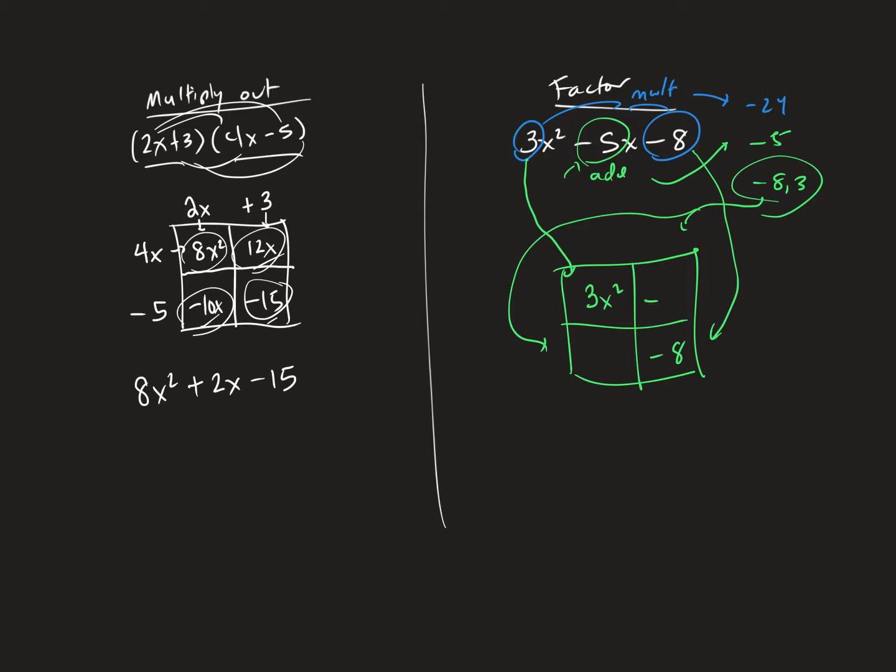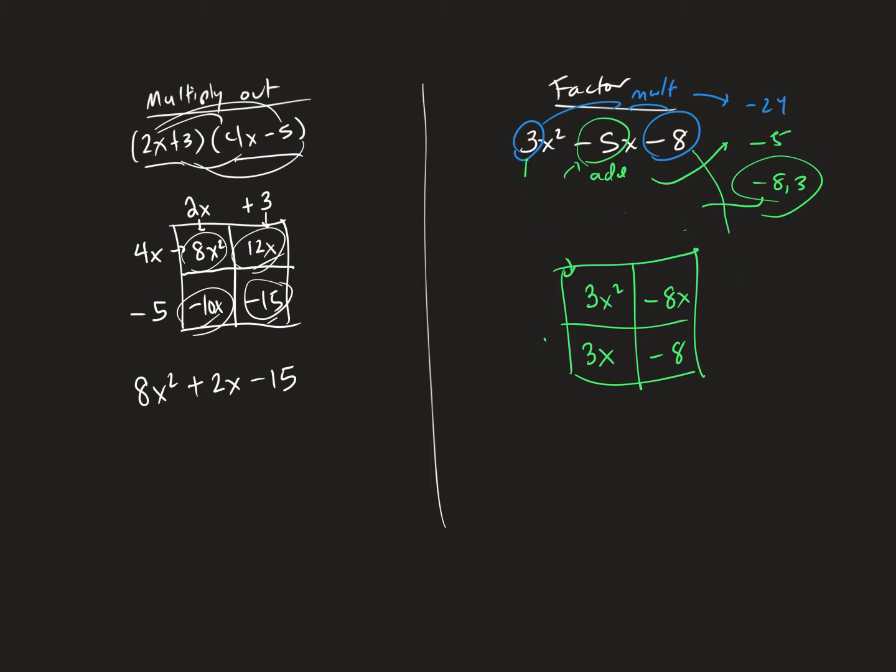So let's see, that would be negative 8x and 3x. And again, I could write that in either spot. Negative 8x could go in the bottom left if I wanted to.